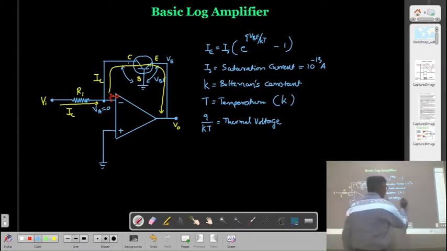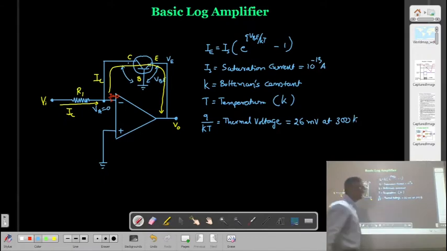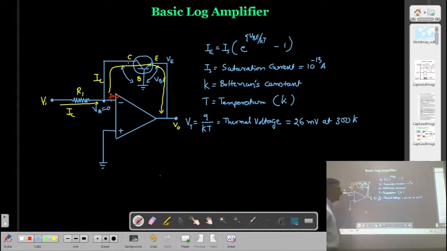And the value of this thermal voltage is roughly 26 millivolts at 300 Kelvin. So if you measure this voltage, it will come out to be 26 millivolts and it is represented as Vt. So in some textbooks, instead of writing q by KT, it is written as Vt. That is the thermal voltage.